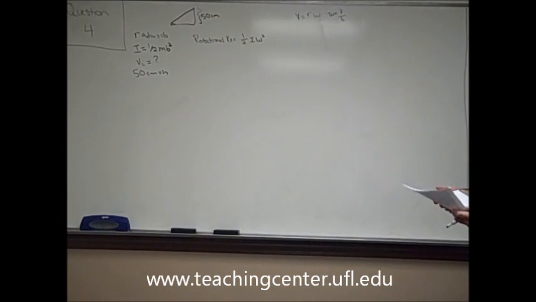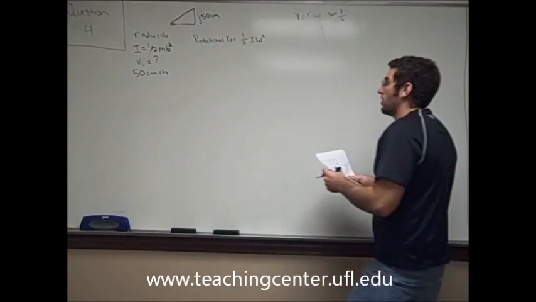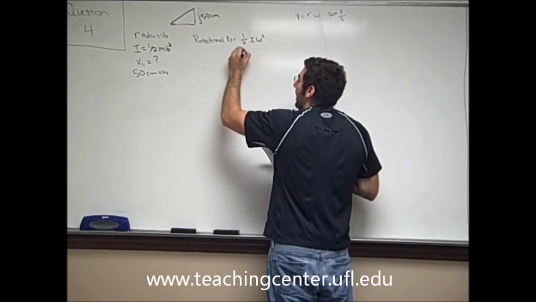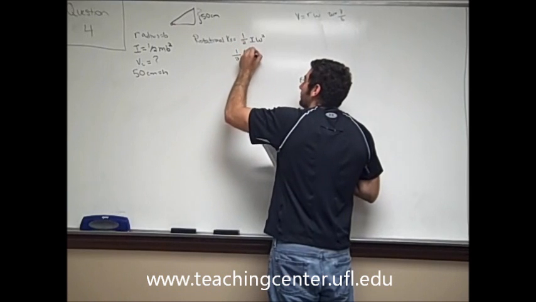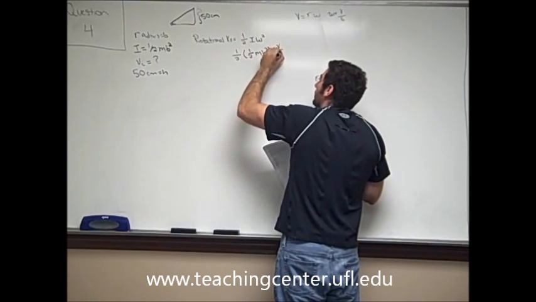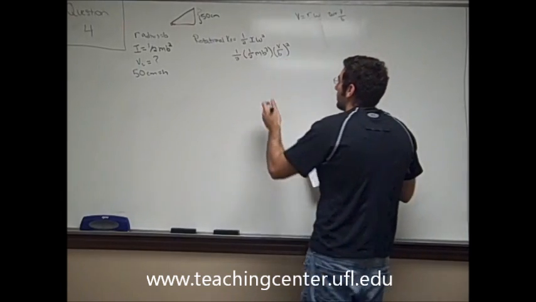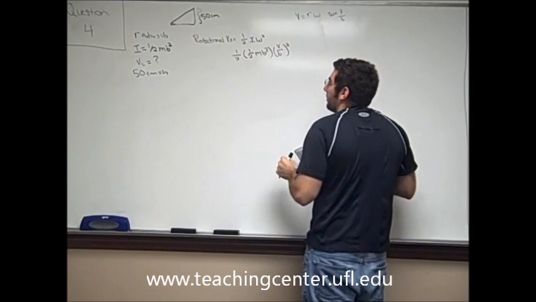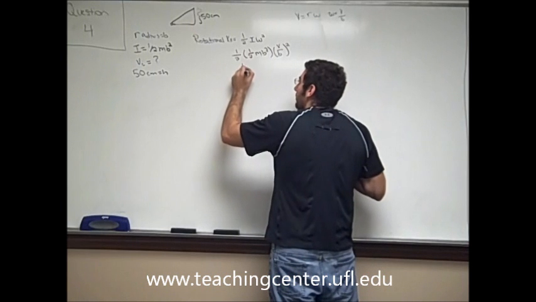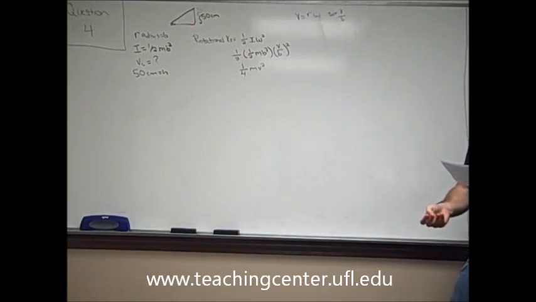So the first thing that we want to do is, if we know that rotational kinetic energy is equal to 1/2 I omega squared, let's go ahead and solve for what rotational kinetic energy equals. 1/2 I is equal to 1/2 mb squared, and omega is equal to v over b, squared. The b's end up crossing out, and the 1/2s end up multiplying, so we end up getting 1/4 mv squared for our rotational kinetic energy.